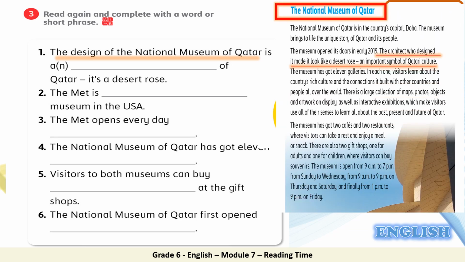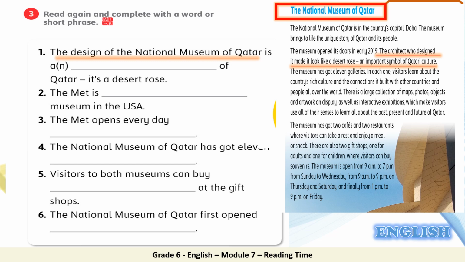So this piece of information is in the first part of the text with the heading, the National Museum of Qatar. Here, the architect who designed it made it look like a desert rose, an important symbol of Qatari culture. So which part of the sentence is missing? Well done.